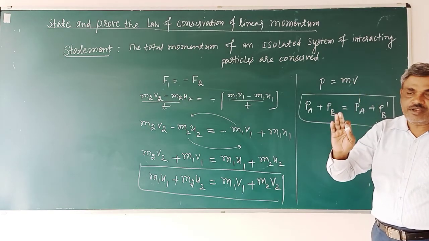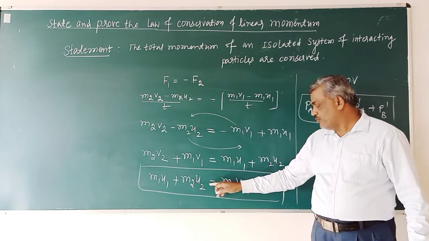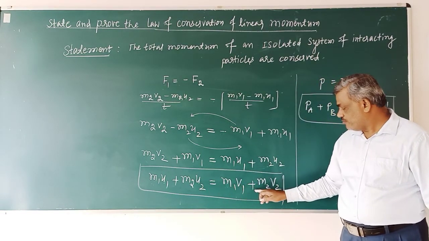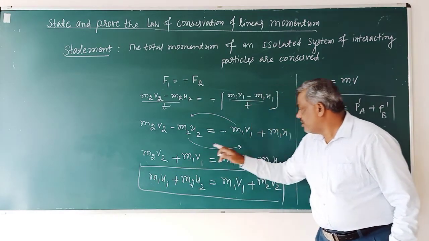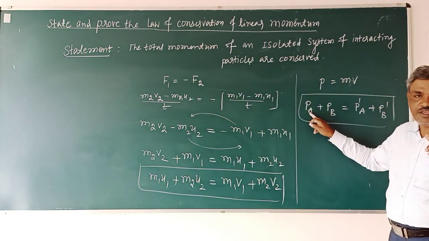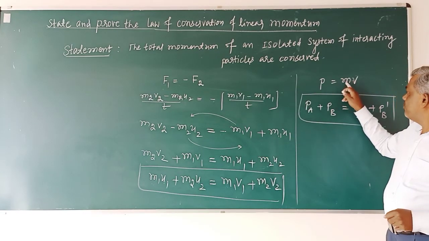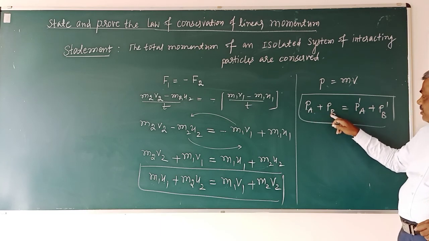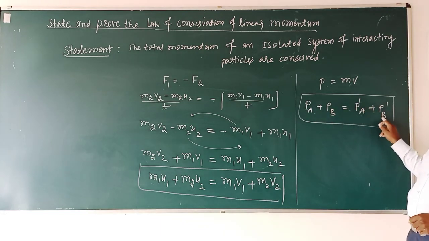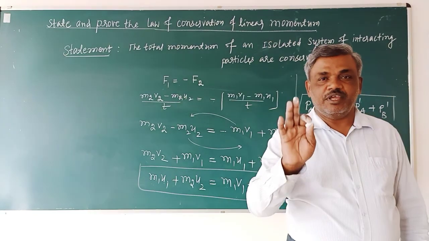This is the statement, and the mathematical formula is m1 u1 plus m2 u2 equals m1 v1 plus m2 v2. This equation is written as PA plus PB equals P dash A plus P dash B. This is the final expression for conservation of linear momentum.